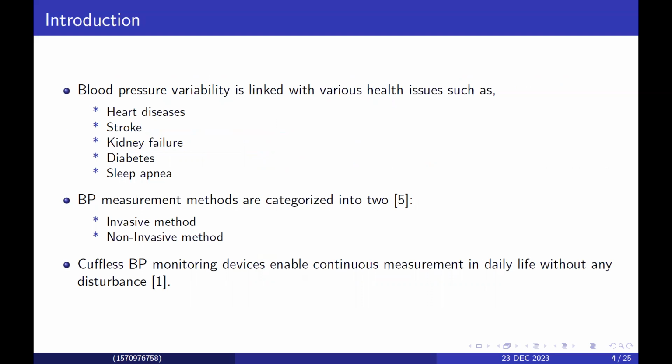In the invasive method, we insert a catheter into the blood arteries and measure the BP, which has many challenges because it has to be done in a hospital setting under supervision, and there is a chance of blood clotting and other health concerns. For the non-invasive method, the traditional approach is cuff-based, but it does not ensure continuous BP measurement. Cuffless BP monitoring devices enable continuous measurement of BP in real life without any disturbance.